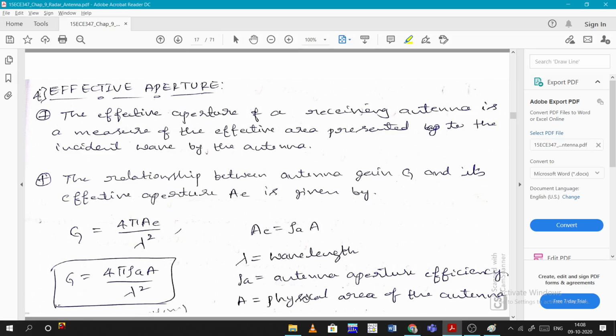A physical area is like a normal rectangle with a given length and breadth, so the physical area is length into breadth. To find the effective area, that area is multiplied by the antenna aperture efficiency and we get AE. That's it. This is the relation between G and AE.